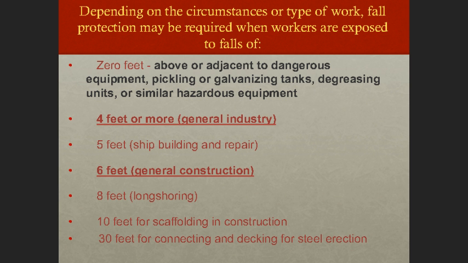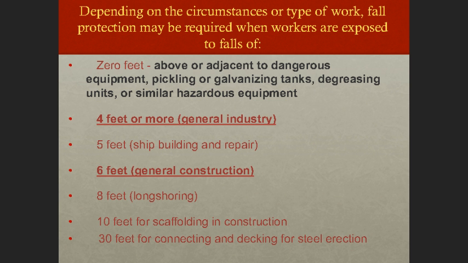And so, depending on the circumstances or type of work, here is an outline of what's typically required. So, fall protection is required at 0 feet. Doesn't matter how high you are. If you are working adjacent to dangerous equipment, pickling or galvanized tanks, degreasing units, or similar hazardous equipment. Furthermore, in general industry, and that's most industries, 4 feet or more.